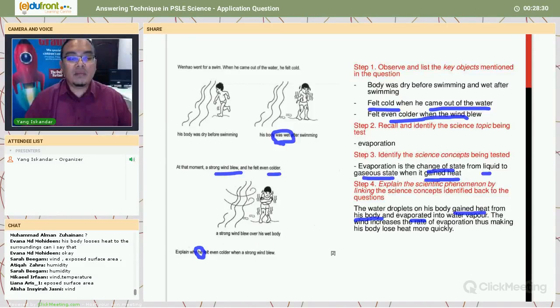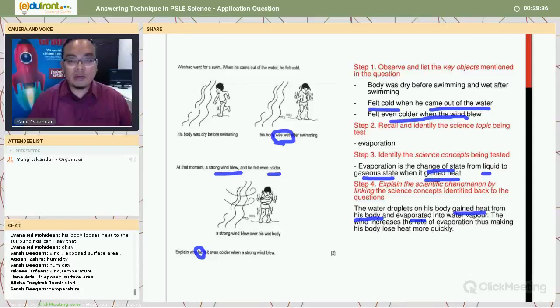This is a very common mistake. Because if you say exposed surface area, are you referring to the exposed surface area of the container? Exposed surface area of container is wrong, because the object that is evaporating here is not the container, but the water. Sarah, temperature of what? Please be specific. Temperature of the surrounding. Surrounding temperature also increases the rate of evaporation.